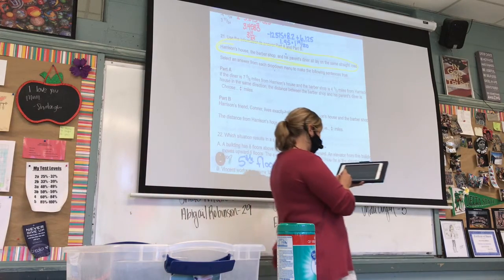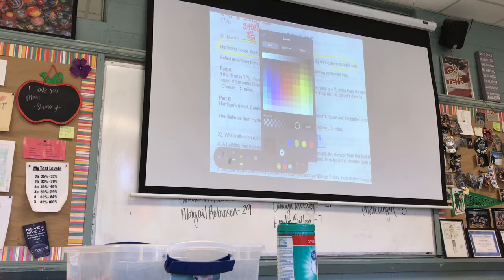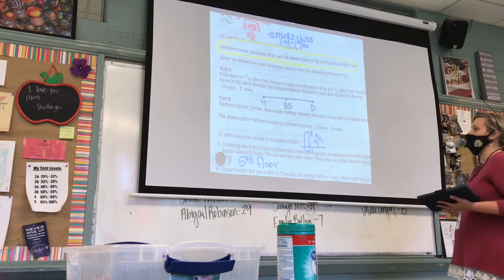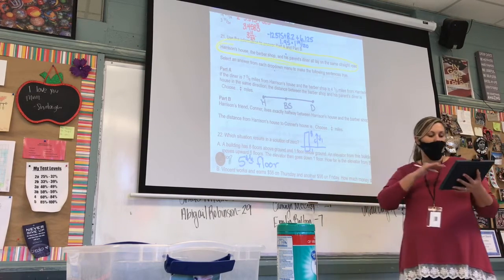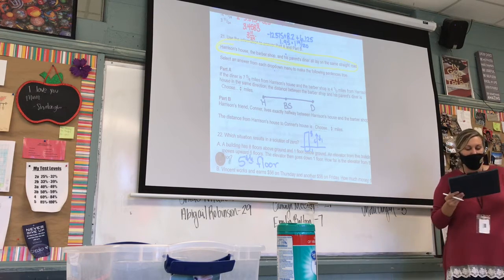So what comes first? Harrison's house. What comes next? The barber shop. And what is last? The diner. Alright, so we got Harrison's house, the barber shop, and the diner all in a row. Put them in that order and you will not mess up like I did.